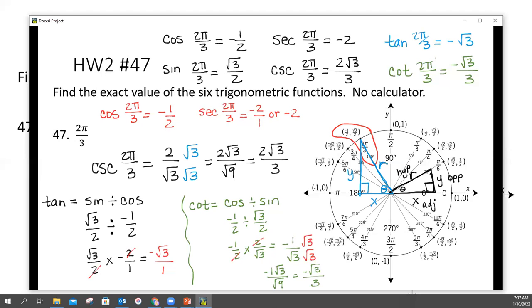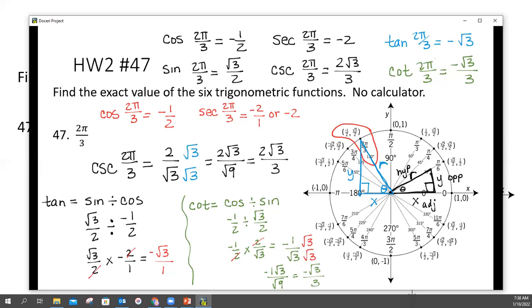And because this is a 30-60-90 triangle, your hypotenuse, well, this is where these are coming from, because they had to be rationalized. But it's coming from the ratios you learned in geometry.